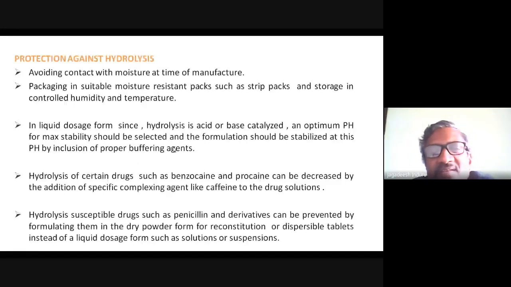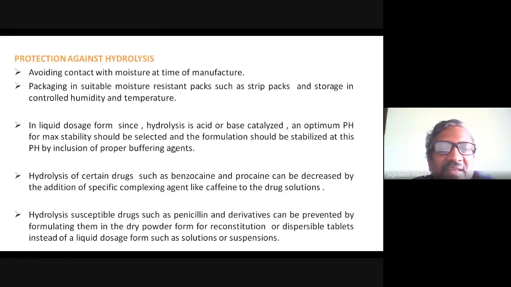These are all the approaches at the manufacturing level of a drug, at the invention level and the formulation level, and during the manufacturing and packaging, that we are going to take. You see, we are attacking at the manufacture by reducing the moisture. We are attacking at the packaging by reducing contact with the environment. We are suggesting liquid only by adding a buffer.